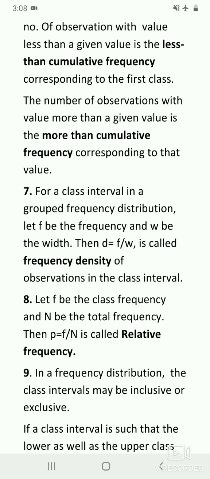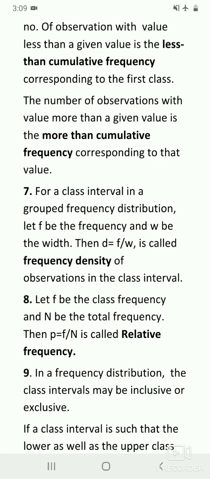So the next definition is, for a class interval in a grouped frequency distribution. Here grouped frequency distribution means continuous frequency distribution. It is also known as grouped frequency distribution, and discrete frequency distribution is known as ungrouped frequency distribution.